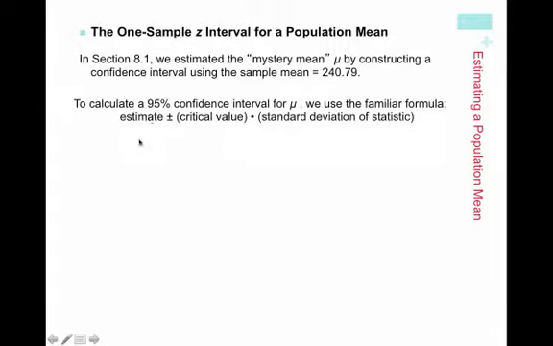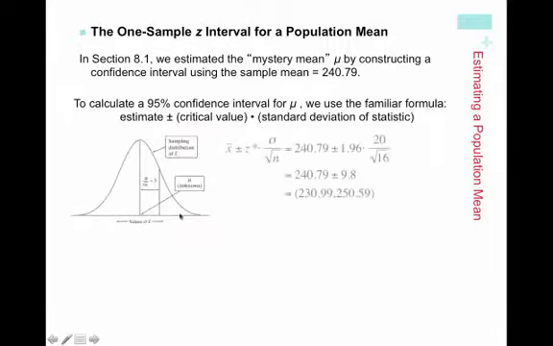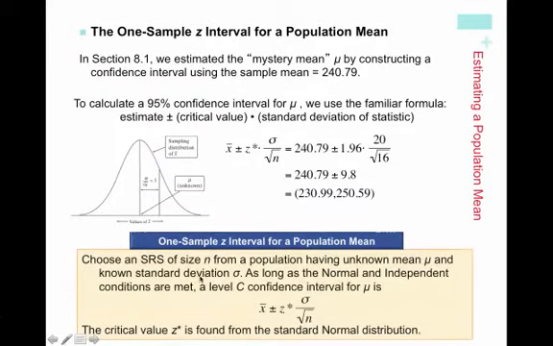And now we are going to use it for mu yet again. So we have x bar plus or minus z star, our critical value, times sigma over square root of n. So there we have it. We calculate our margin of error, which is 9.8, so 240.79 plus or minus that gives us this interval.